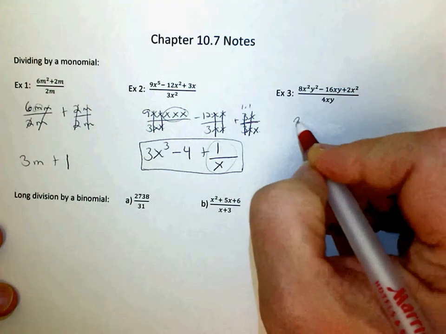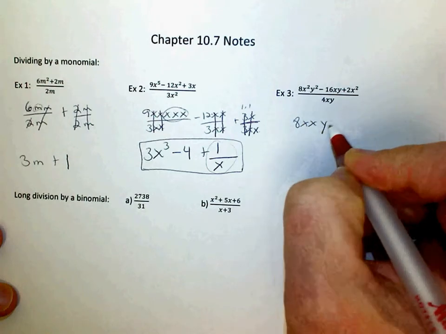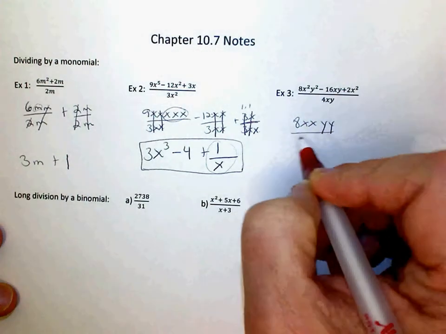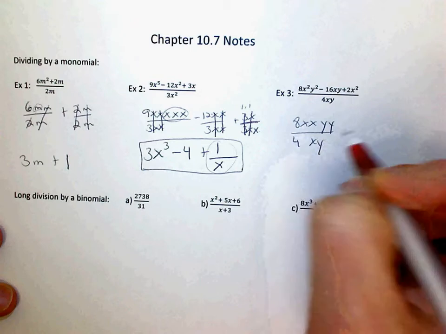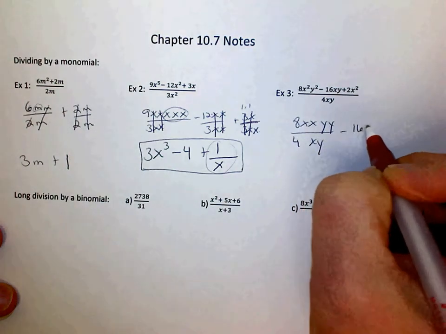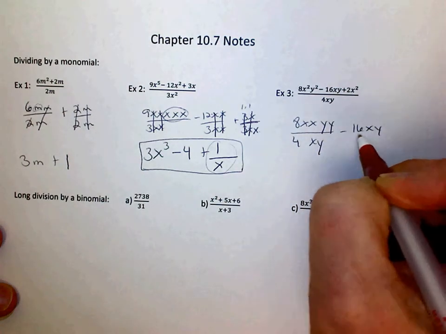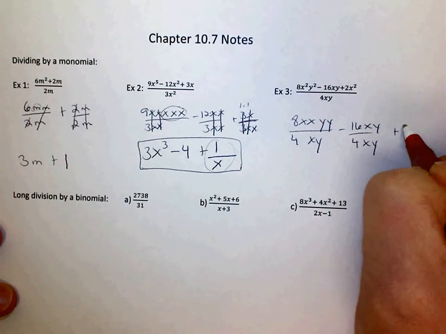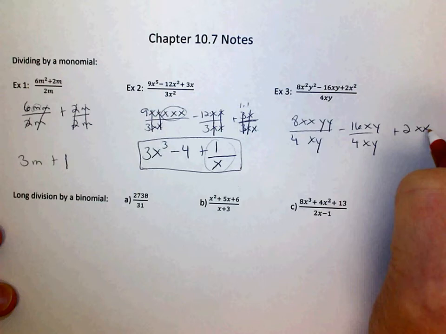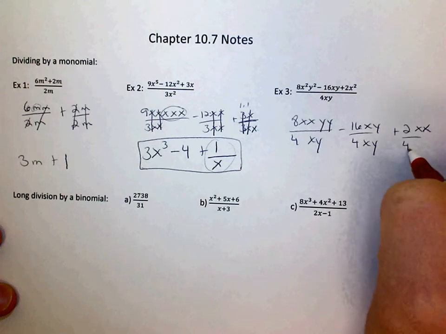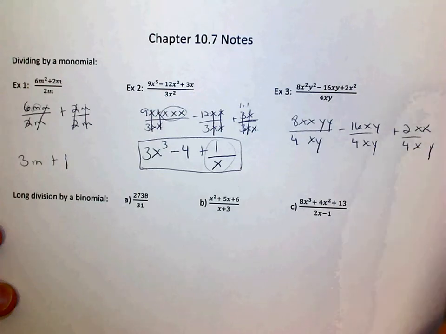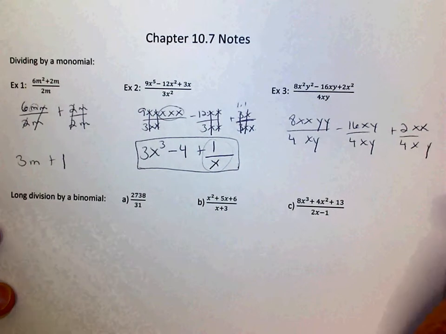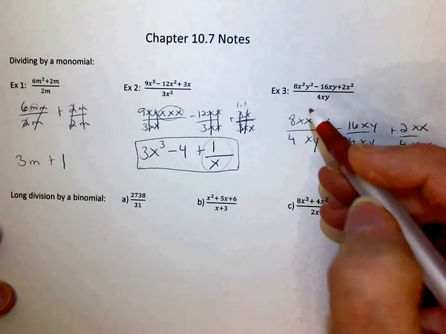Now 8x squared y over 4xy minus 16xy over 4xy plus 2x squared over 4xy. Again, you're going to end up with a fraction here.